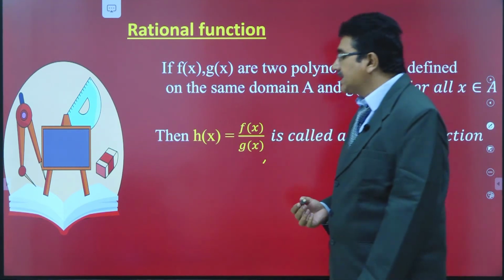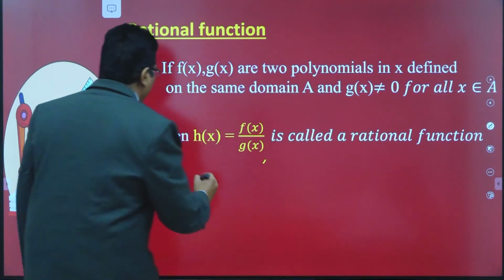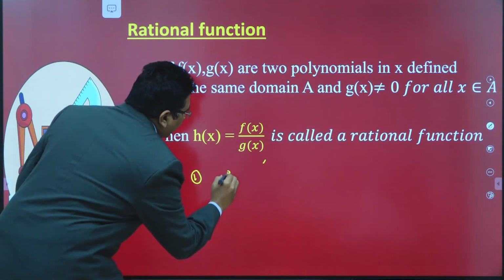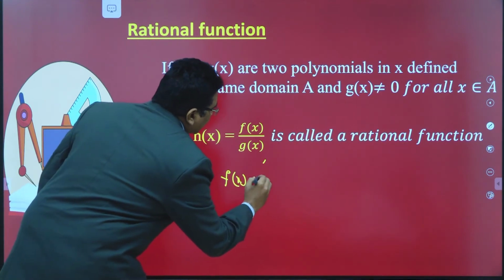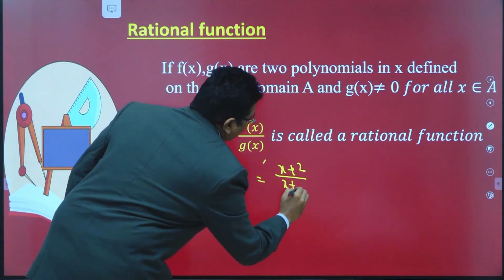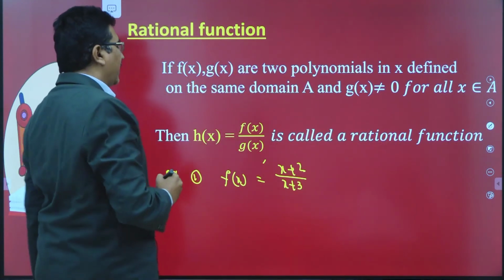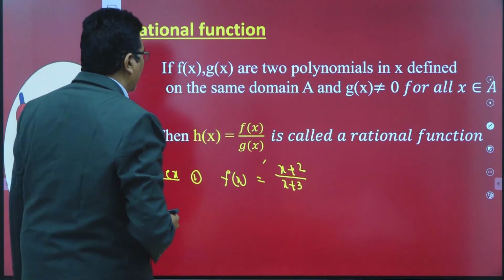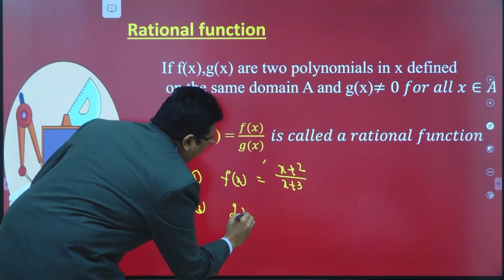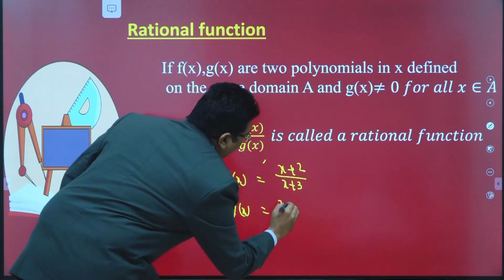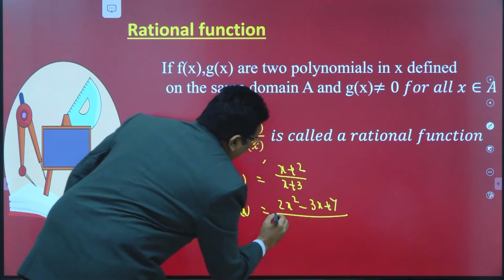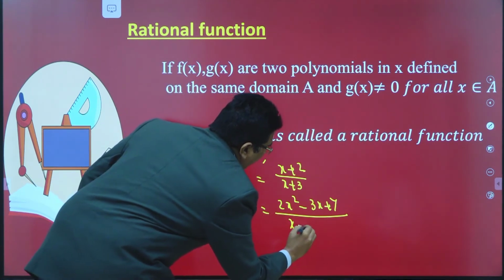Now, see the example of a rational function. f of x is equal to x plus 2 divided by x plus 3. This is a rational function. One more example, g of x is equal to 2x square minus 3x plus 7 divided by x minus 1.